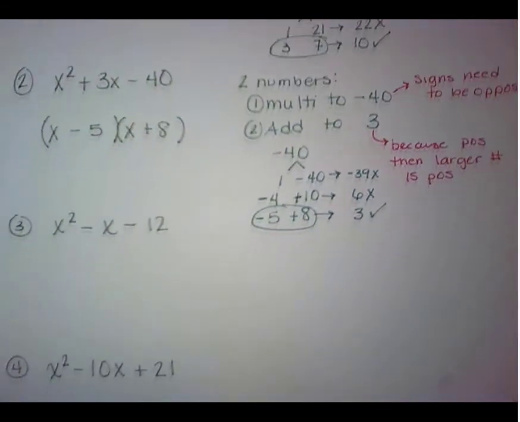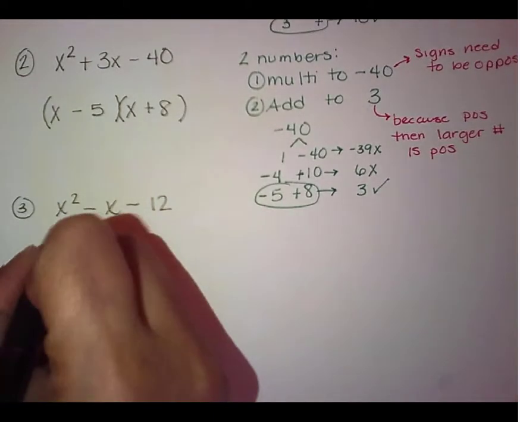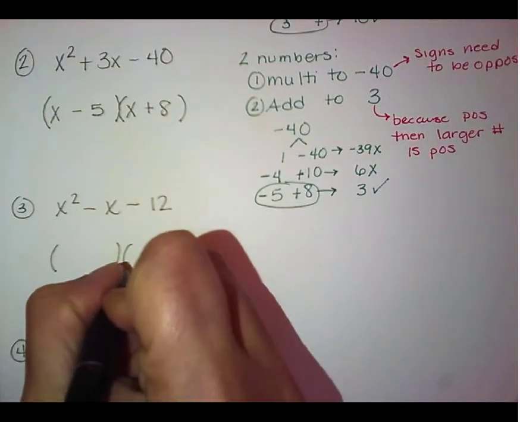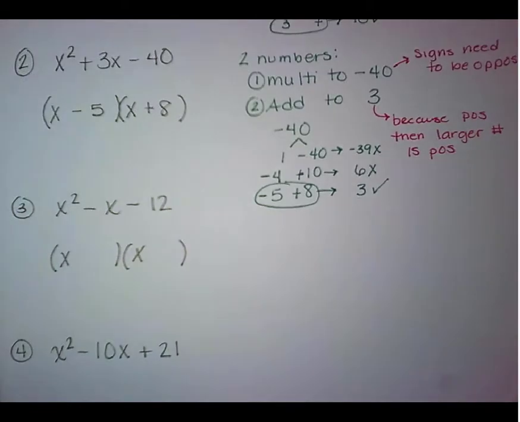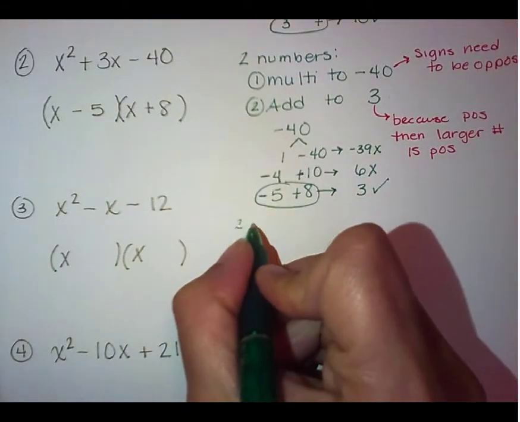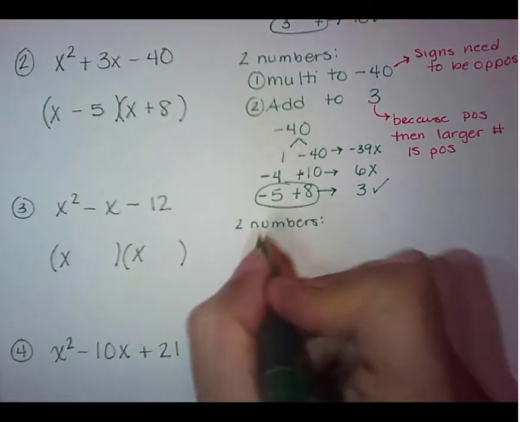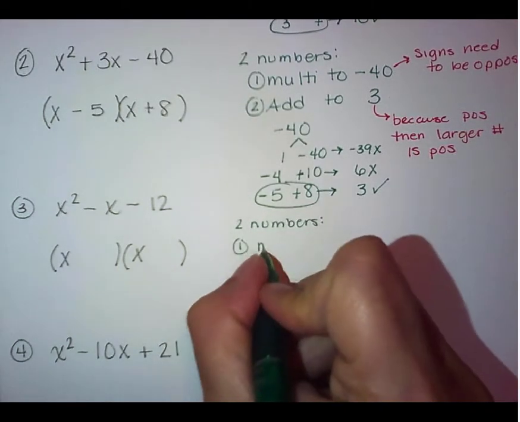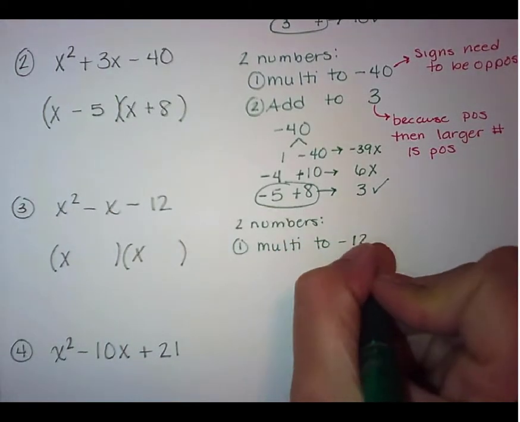All right, so let's look at the next one. Notice that one also has that negative on there. So we're going to do our 2 parentheses. Again, we're going to lead off with an X on both of those. So we want 2 numbers that one multiply to negative 12.